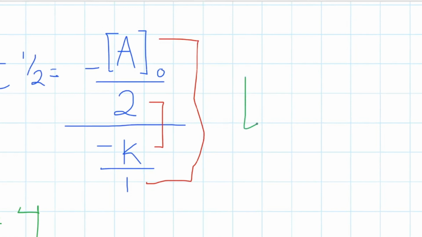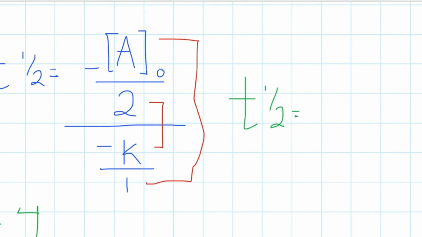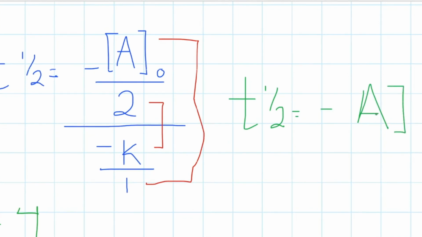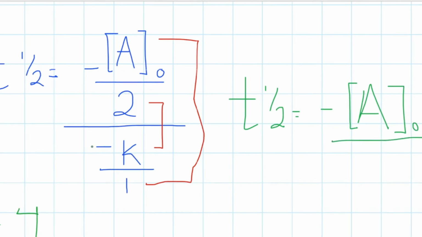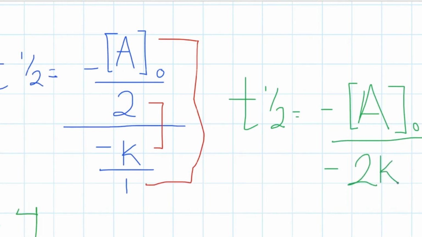So T1/2 would be negative initial concentration, because the ones on the outside are going to be our numerator, over 2 times negative K, so 2K.